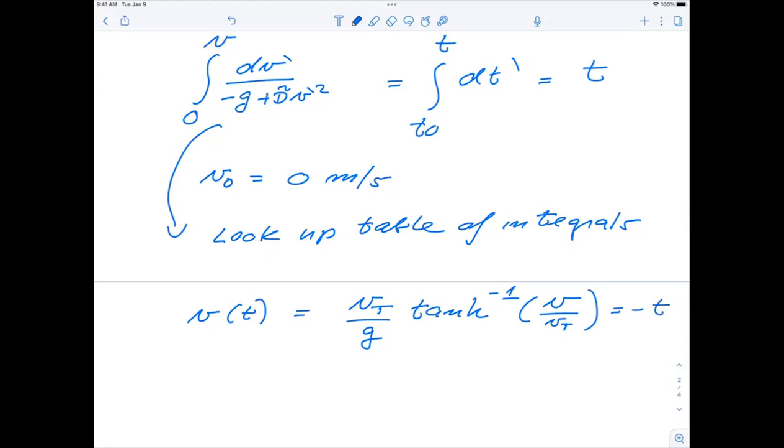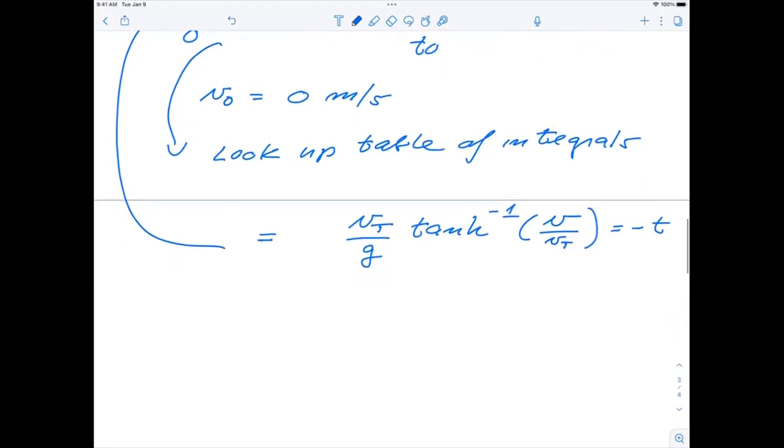So what I can do next now, since I have the inverse tanh here, I can simply invert that one, and that gives me, sorry, I shouldn't, the integral here. So this specific integral is actually equal to that. And then I take the inverse of tanh inverse. So I multiply with vt and g and with minus t here.